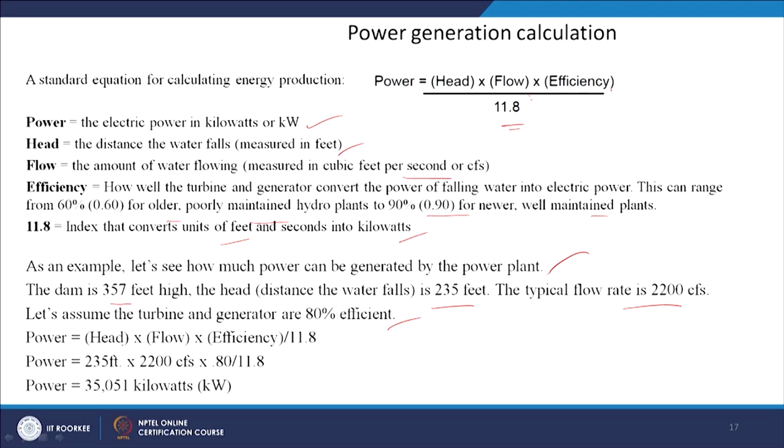So, here head is 235 feet, flow is 2200 CFS and efficiency is 80%, that means 0.80, divided by 11.8. That is equal to 35,051 kilowatts. So, this much is the power generation capacity of the plant.